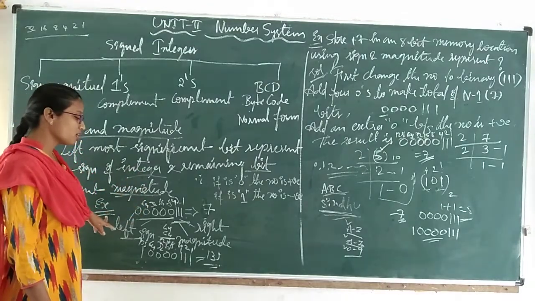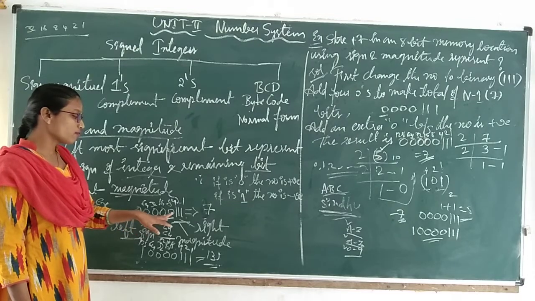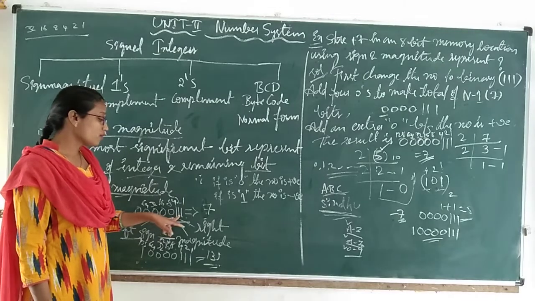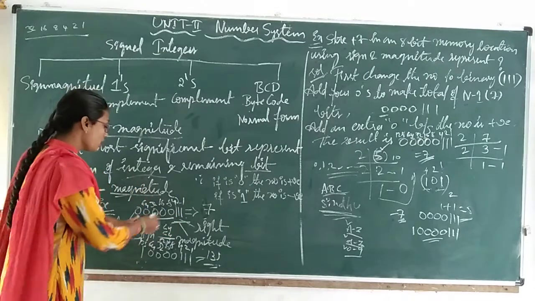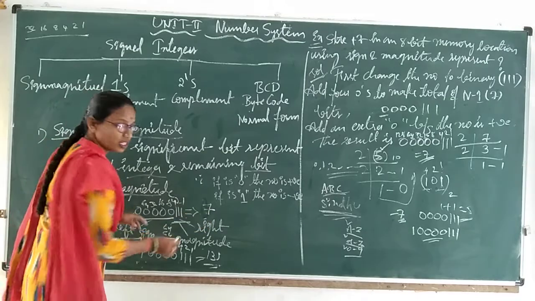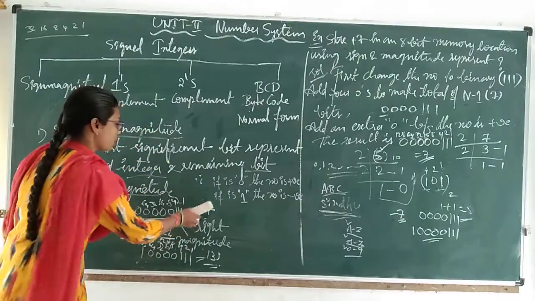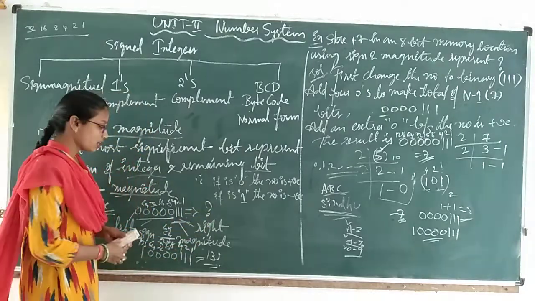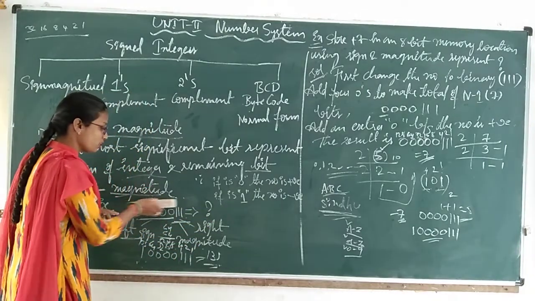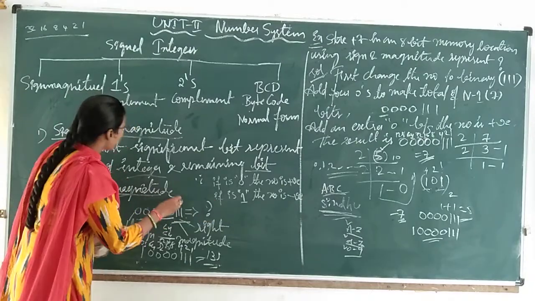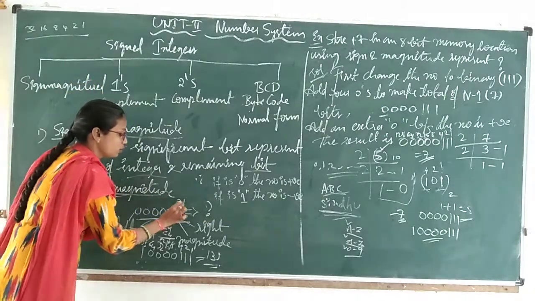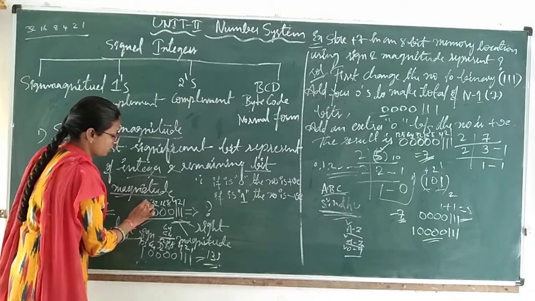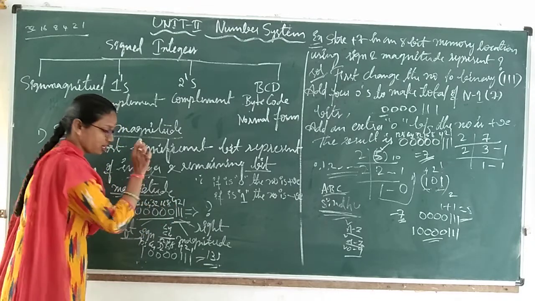Here we have one example: five zeros on the left and the rightmost bits 1, 1, 1. How do we find the result? With the help of this format: 1, 2, 4, 8, 16, 32, 64, 128.